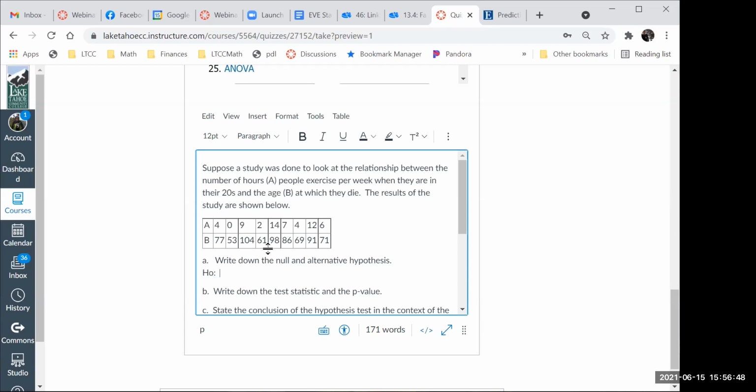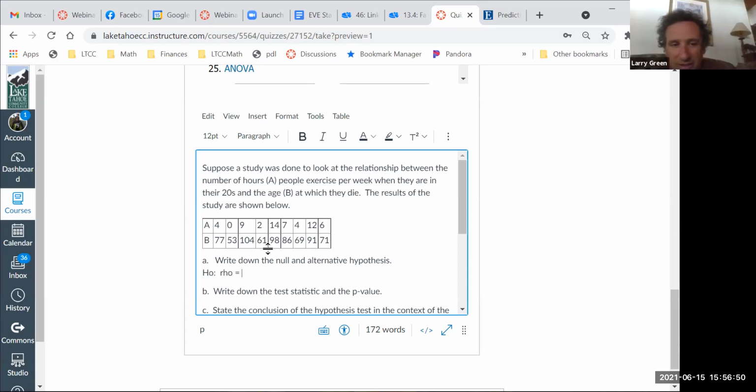Yeah, I'll just write RHO because it's easier to type, is equal to 0. And that's always the case when it's regression analysis, and this is definitely regression analysis because we're looking at a relationship between two quantitative variables that are connected. We want to see if one goes up, does the other go up or down, or what happens.